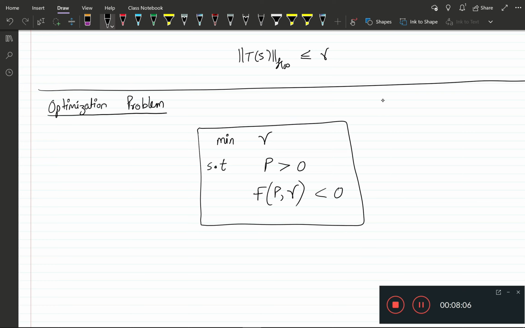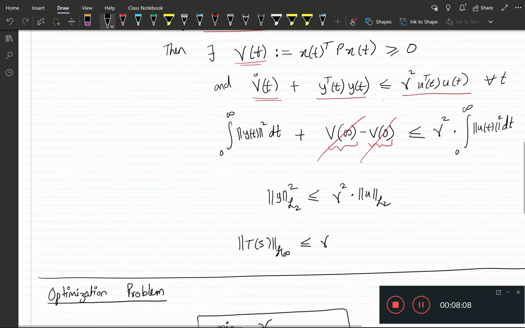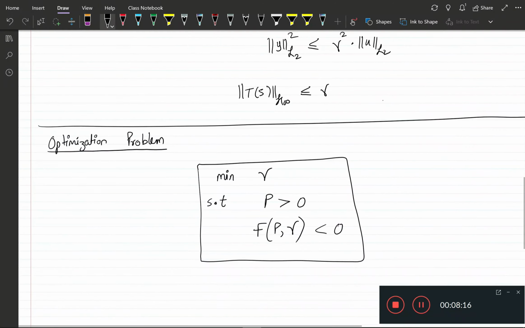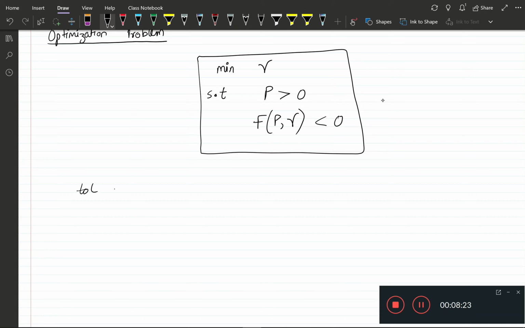And now here f of P comma gamma is not homogeneous because we don't have P in these terms, so we write down the same problem by first fixing some tolerance, a problem like this.